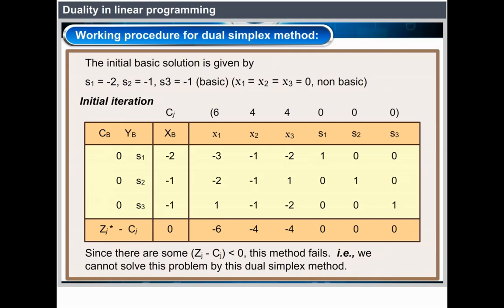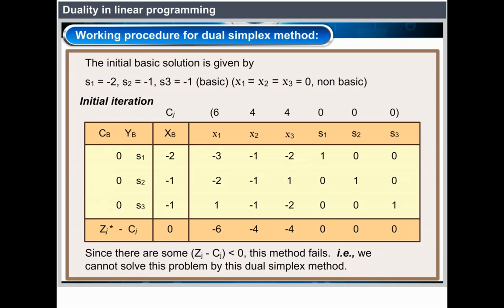First row: 0 for CB, S1 for YB, minus 2 for XB, minus 3 for X1, minus 1 for X2, minus 2 for X3, 1 for S1, 0 for S2, 0 for S3. Second row: 0 for CB, S2 for YB, minus 1 for XB, minus 2 for X1, minus 1 for X2, 1 for X3, 0 for S1, 1 for S2, 0 for S3. Third row: 0 for CB, S3 for YB, minus 1 for XB, 1 for X1, minus 1 for X2, minus 2 for X3, 0 for S1, 0 for S2, 1 for S3.